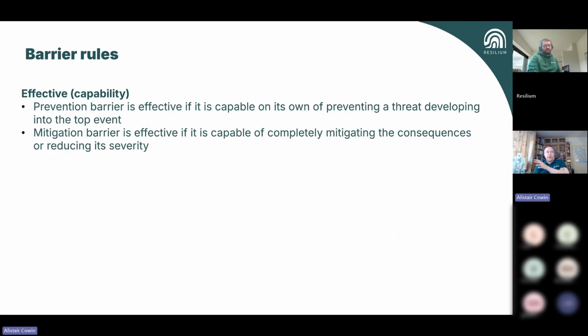And it provides these really solid rules that says your barrier must be effective. And this is where I mentioned your barriers are systems. Often people will describe a barrier as the piece parts of the system. So they'll talk about the smoke detector, but actually the smoke detector and the alarm and the knowledge that when I hear the alarm, I should leave the building.